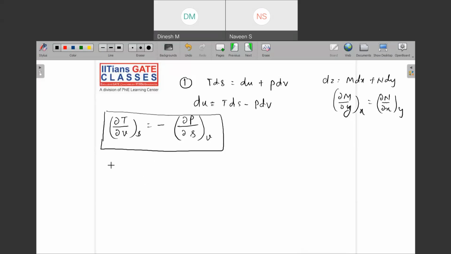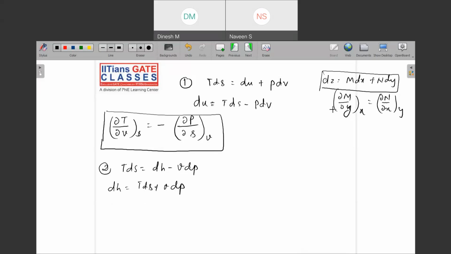Similarly, if I remember this equation, TdS is equal to dH minus VdP, then can I write dH is equal to TdS plus VdP? Yes, I can write. Then let us again fit it into this relation. We are following this formula again.